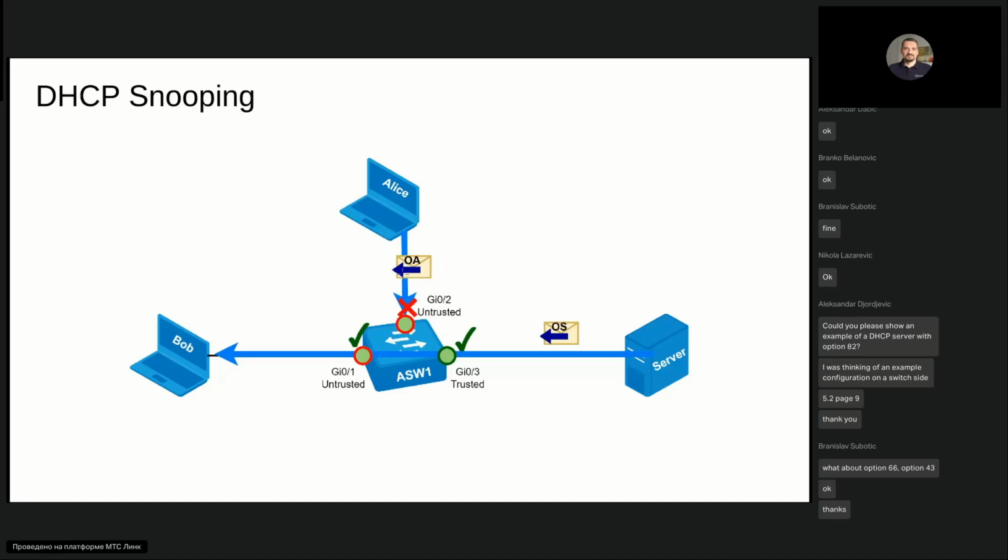If Alice wants to send those broadcast offer messages, they won't pass through the untrusted port, because the offer is a message intended to be from the server, and the message from the server is only allowed on the ingress of the trusted port.